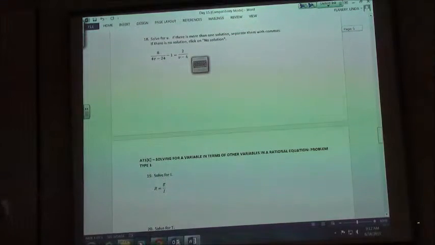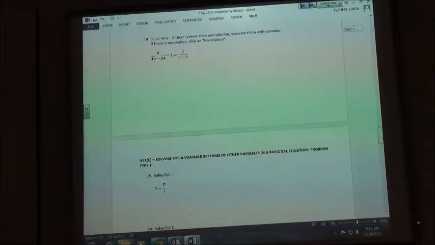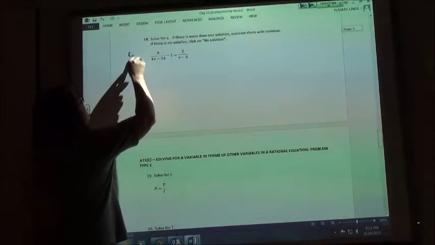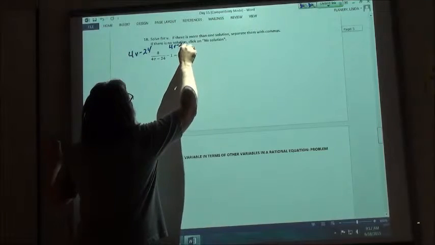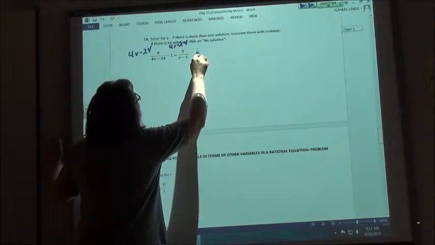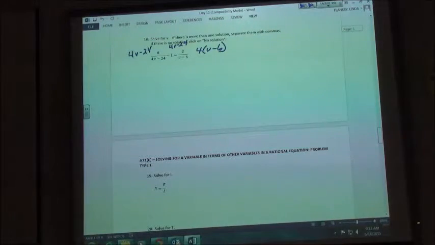So number 18, same kind of thing. I'm going to multiply by my common denominator. My common denominator would be 4v minus 24. So 4v minus 24, 4v minus 24, and then over here I'm going to write it as 4 times v minus 6 and put it in factored form since I don't have that whole thing in the denominator.